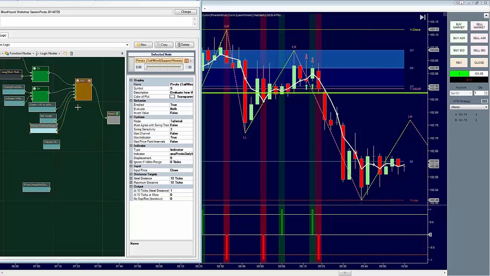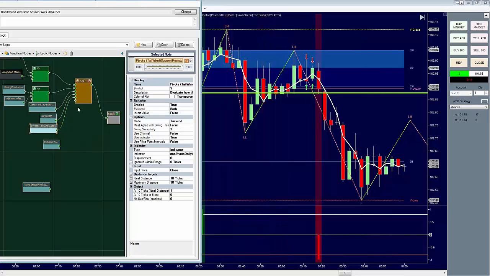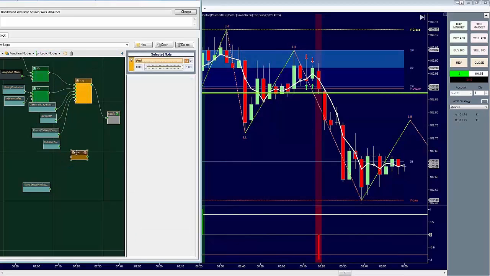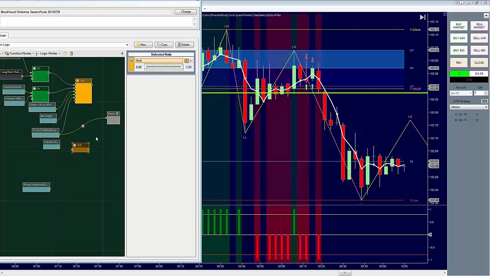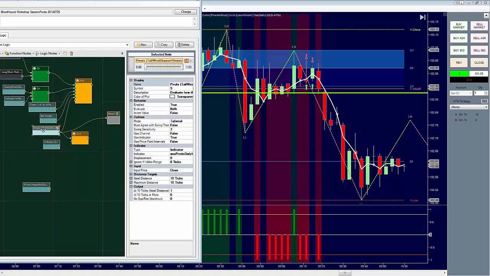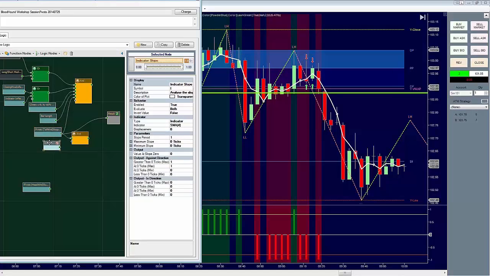So what I could do now is add this. That really cleans it up enough by itself right there, but what I'll do is show this by itself and then connect this to an AND node. This is the pivots with the tailwind mode and the support resistance solver. And then here we have the indicator slope showing us when the SMA4, we're getting a short signal when it's sloping up.